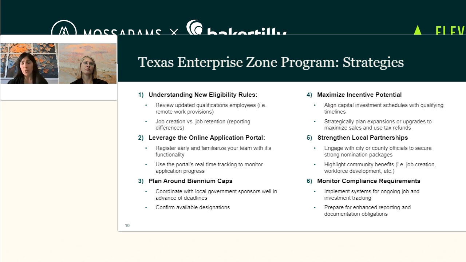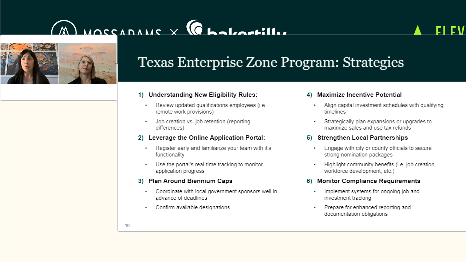Next, you want to partner with your local jurisdictions. Many of you probably already have a good working relationship with local city and county officials, but approaching them regarding a nomination and support for your project can be used to strengthen your relationship. And if you don't have one, it can be used to build a new relationship.